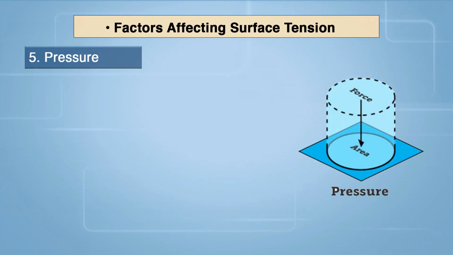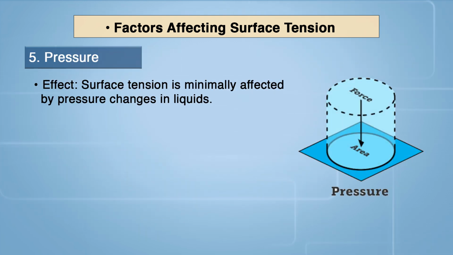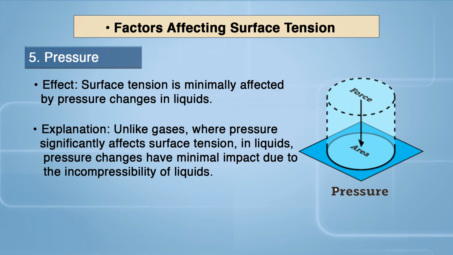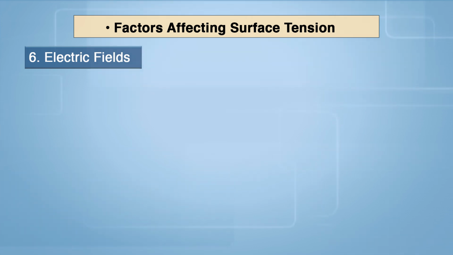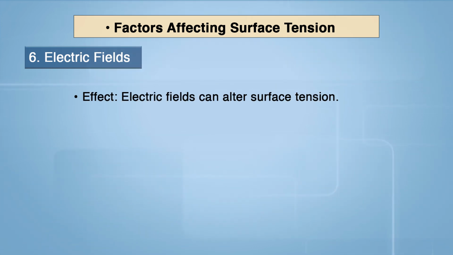Pressure is another factor. Surface tension is minimally affected by pressure changes in liquids. Unlike gases, where pressure significantly affects surface tension, in liquids, pressure changes have minimal impact due to the incompressibility of liquids. Next is electric field. Electric fields can alter surface tension.